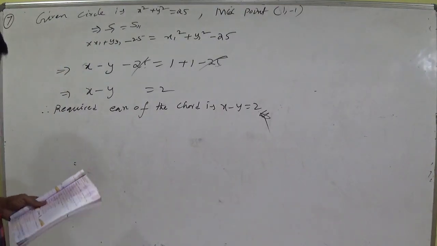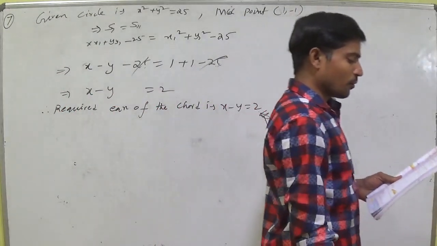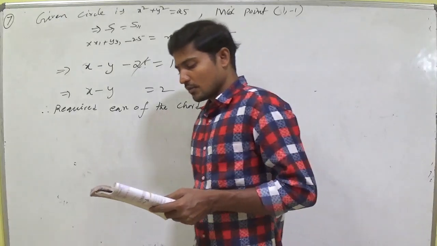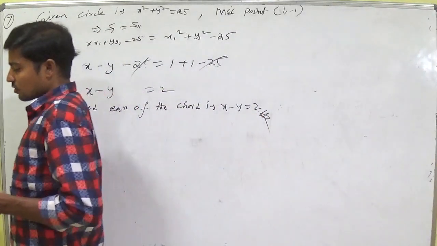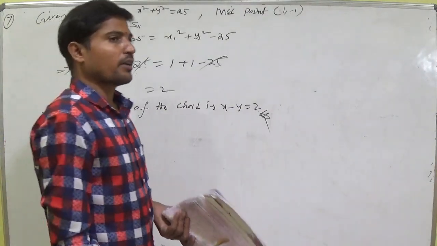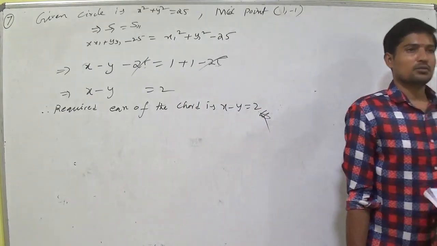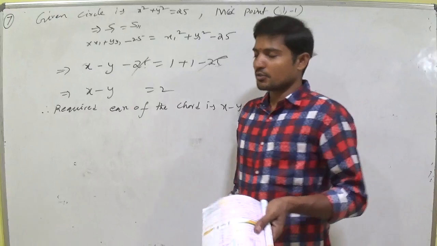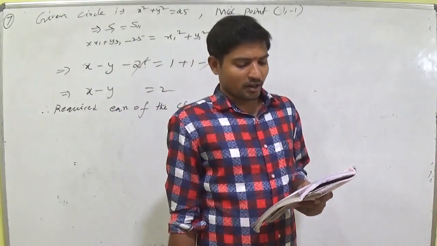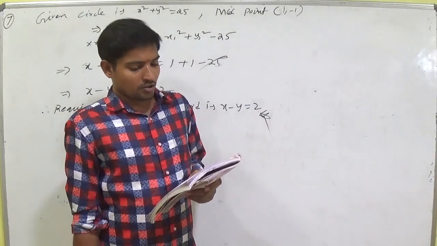Next, the equation to the pair of tangents drawn from a point: S1 square equal to S into S11, same process. The 8th one also is homework. A point is given, find S1 and then S11, then S1 square equal to S into S11, and we can get the answer. The 9th one also, the 10th one also same.